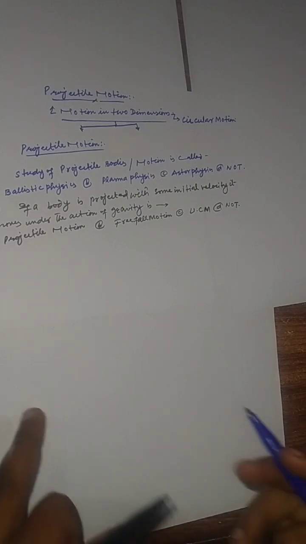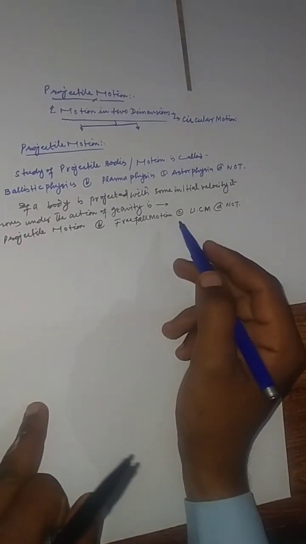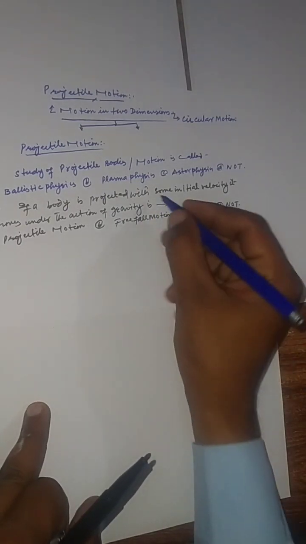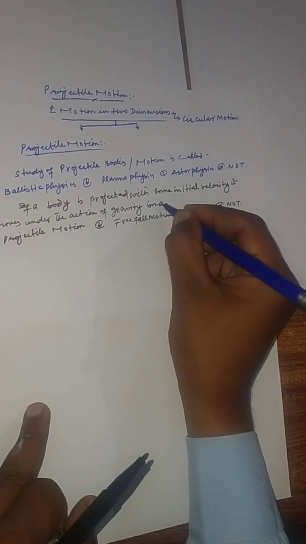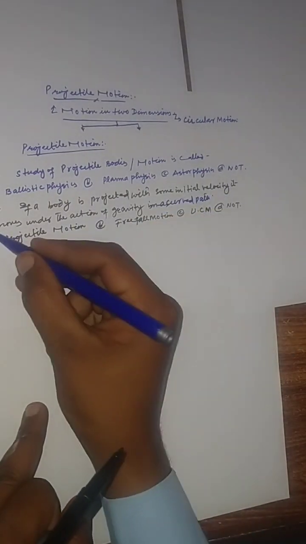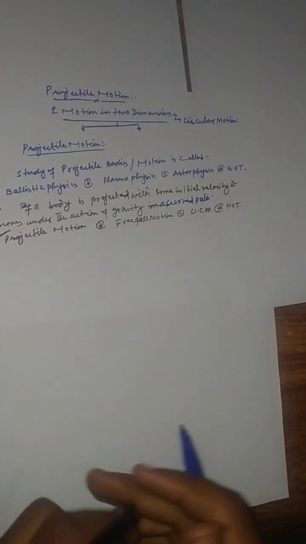So what will be the correct answer? If a body is given some initial velocity and moves under the action of gravity in a curved path, it is called projectile motion. There are two types of projectile motion.